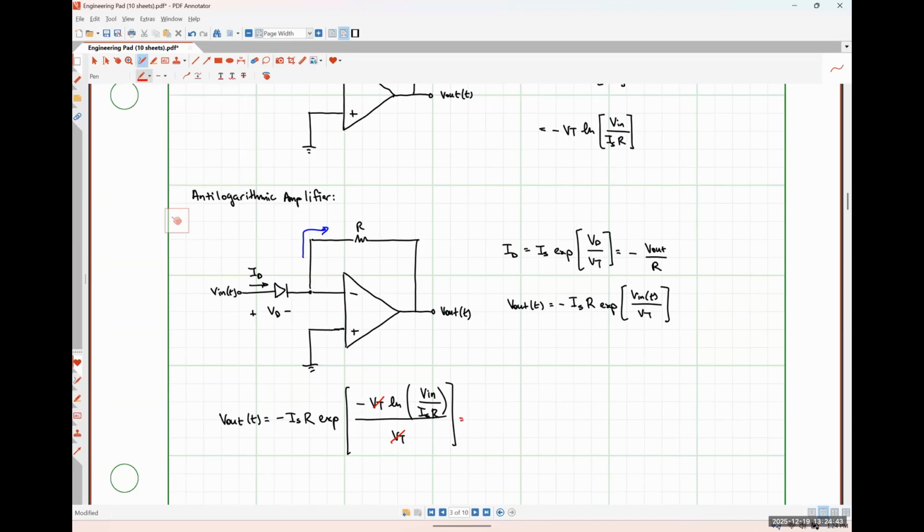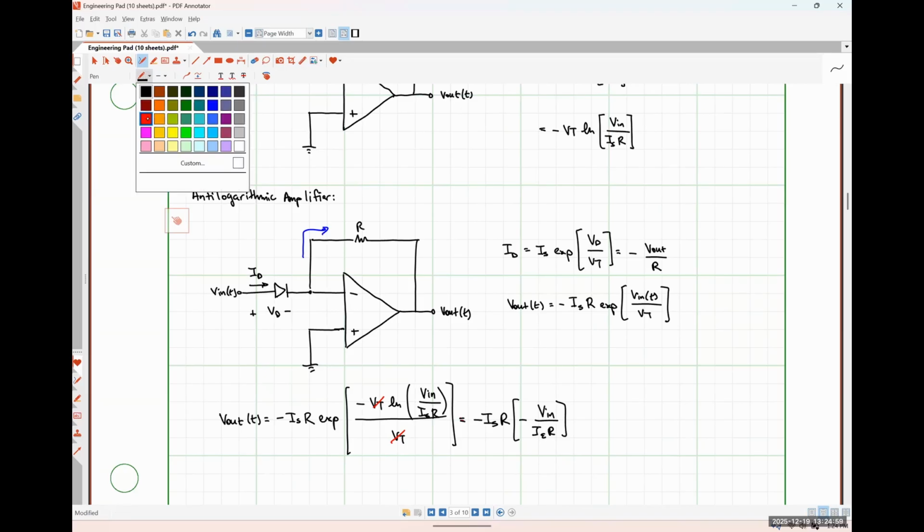So I would have negative Is times R times negative Vn over ISR, and negative ISR cancels negative ISR, so my output is literally just my input signal. So I've undone that logarithm by using the anti-log amplifier, okay? So the math bears out. So now let's sort out how we do the other things, okay?